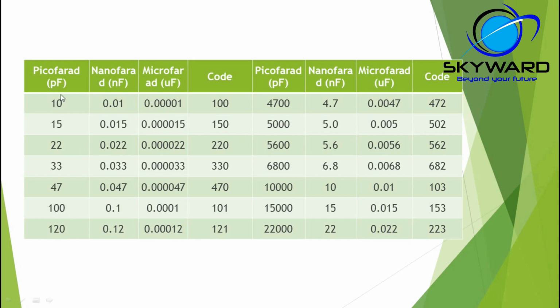And picofarad, nanofarad, microfarad, here it is, you can see. Here also, 472 means 47 followed by that many zeros, 220, 330, means 330 picofarad. So in this way you can calculate the value of a capacitor.